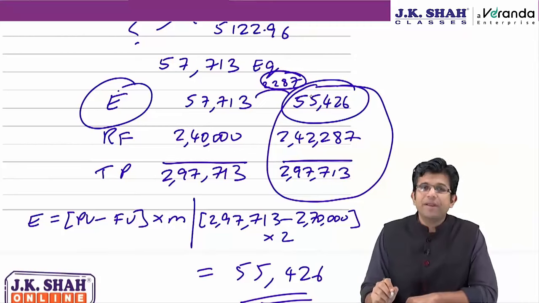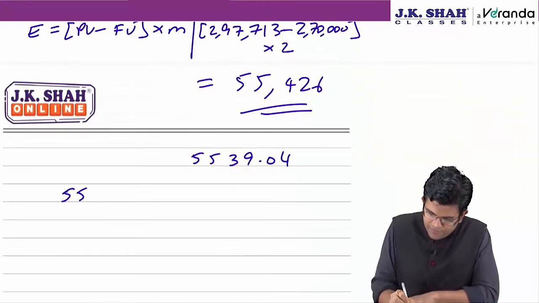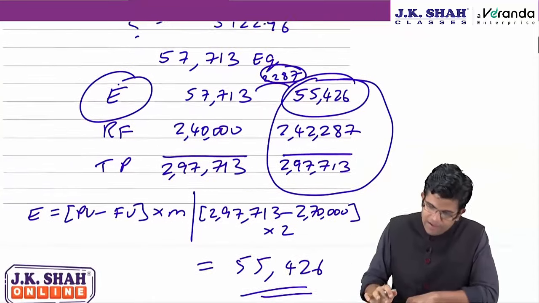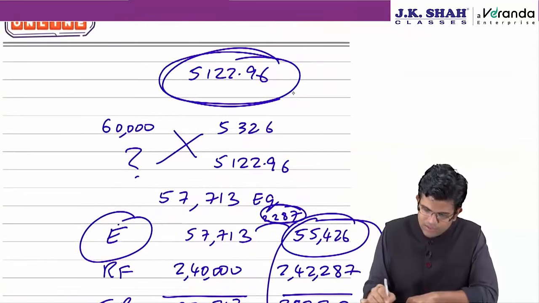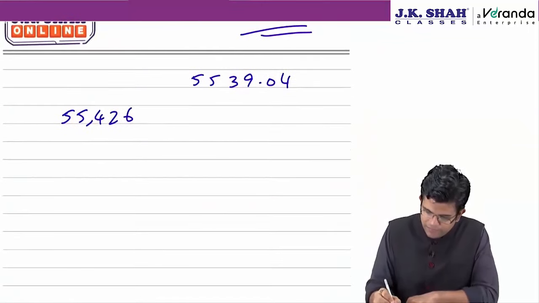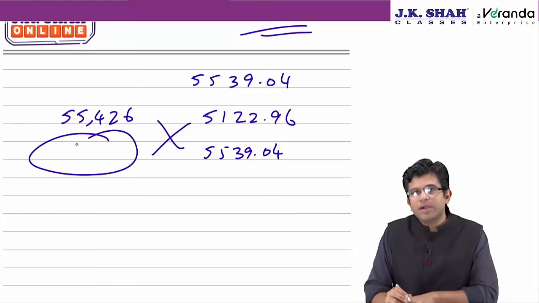Your current equity component is how much, children? It is 55,426, the value of equity when the Nifty is 5122.96. So if it touches 5539.04, what should be the equity component now?